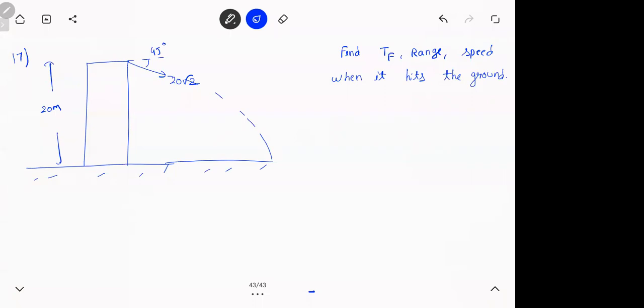Hope the question is clear. Have a look at it. You're throwing the same particle, but now 45 degrees down. Find time of flight, range, and the speed when it hits the ground. You can refer to the previous problem and give it a try.